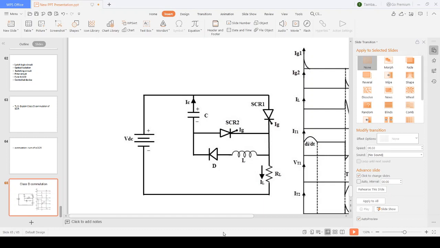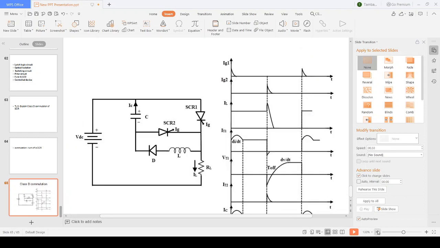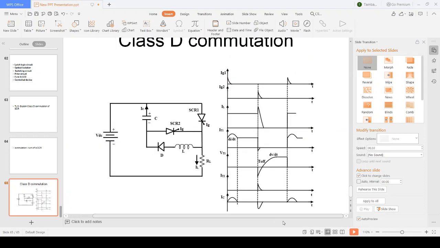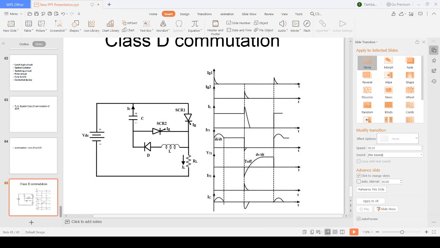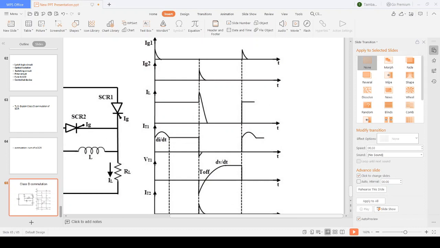Now this operation we have to study with the help of a waveform. In this waveform, please observe that on the x-axis, the horizontal axis, time is plotted, and on the vertical axis, different current and voltage values are plotted.